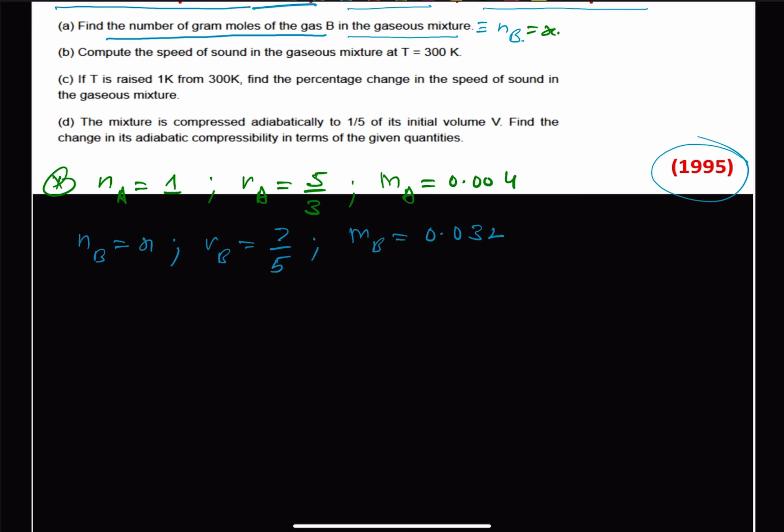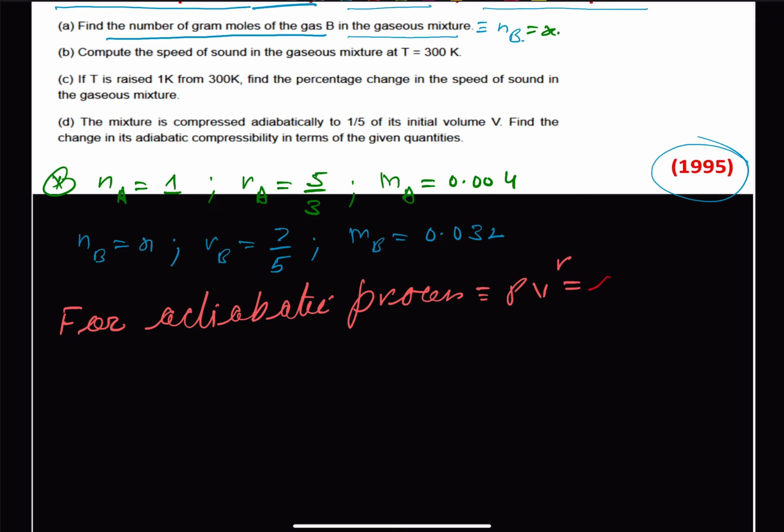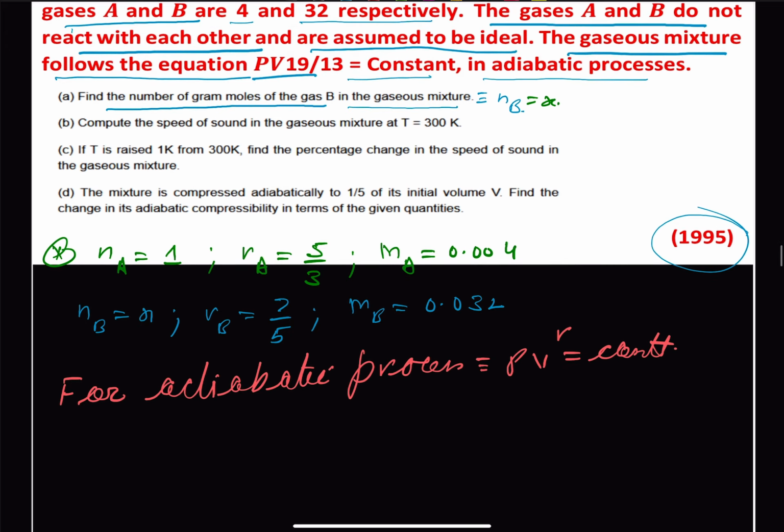So we can say for an adiabatic process, we know that PV raised to power gamma is equal to constant. This is the standard law, and I think it should actually be PV raised to power 19 by 13.